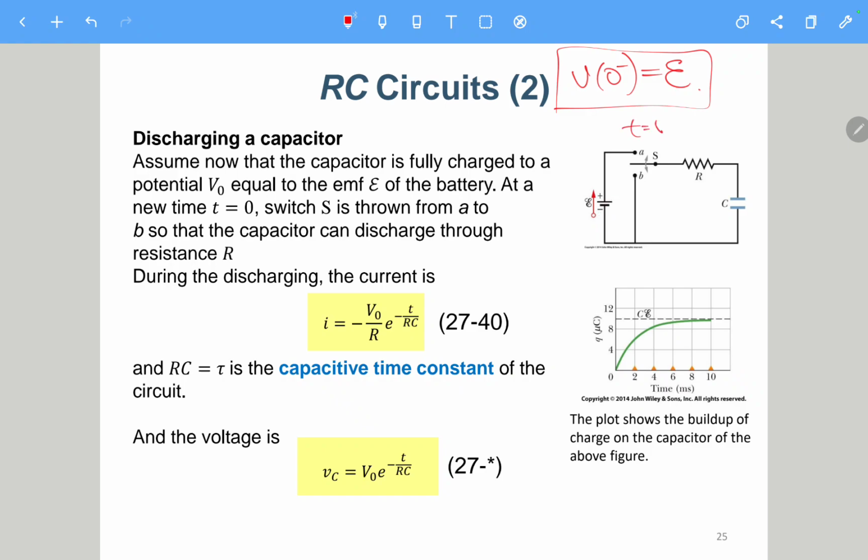And then at t equals 0, the switch goes from A to B, so that the charge on the capacitor will be discharged to the ground. Okay, so this is the other situation.